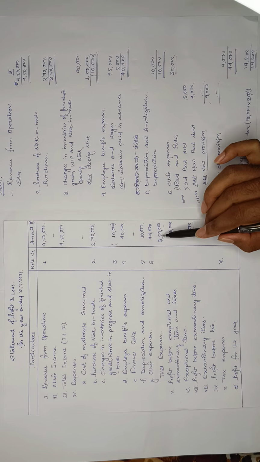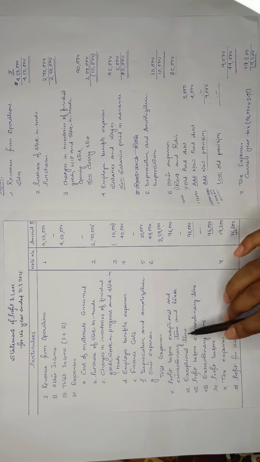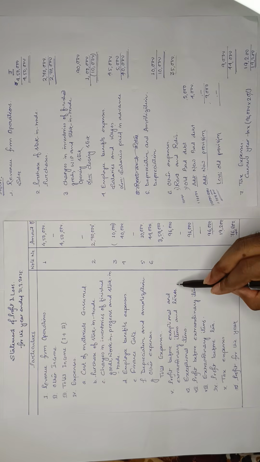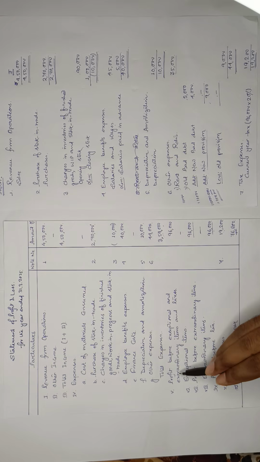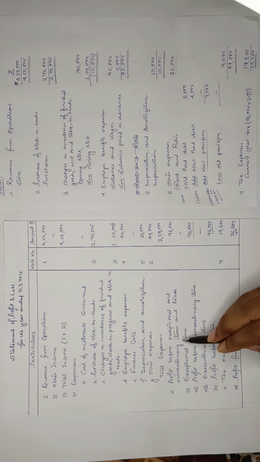So altogether the total expenses that is coming is 3,54,000. You know very well how to calculate the profit. Here in this case I have used the exact sentence as given in Schedule 3 of the Companies Act: profit before exceptional and extraordinary items and taxes.